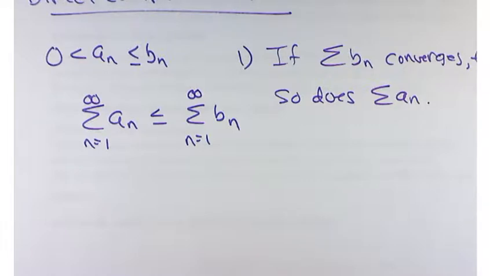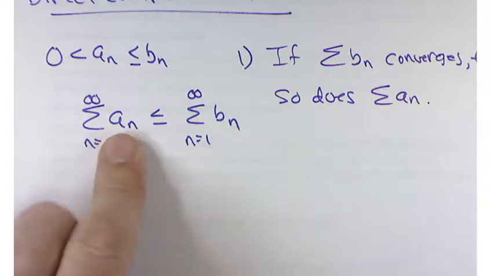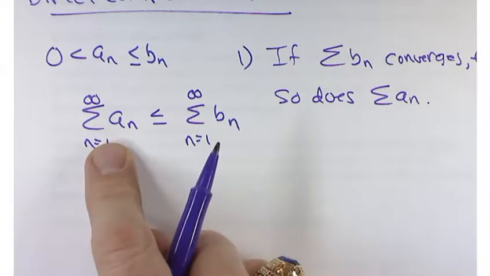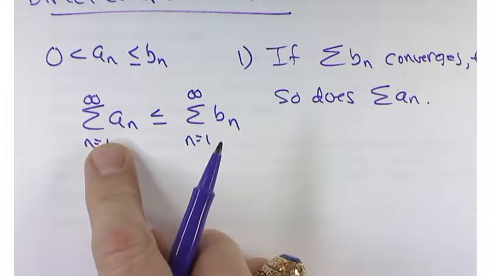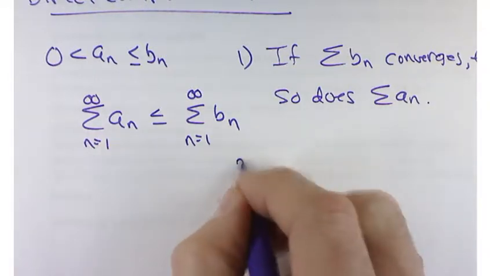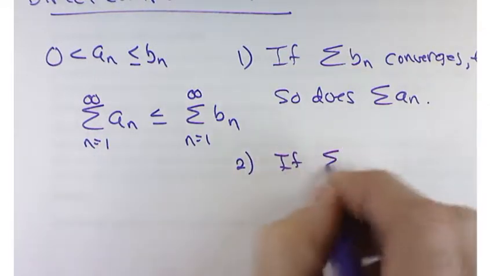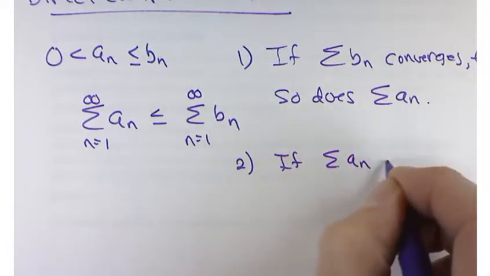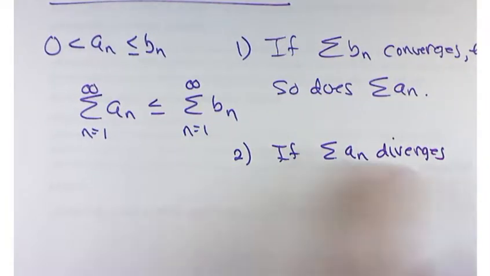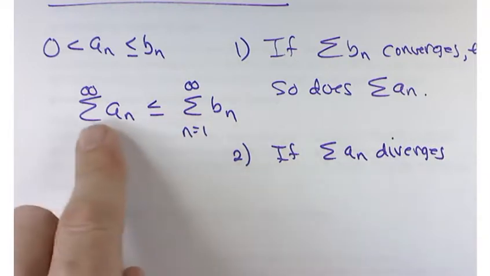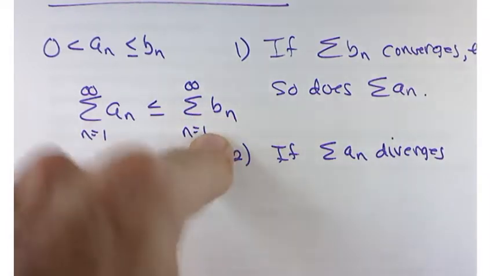So that's one possibility. Let's take a look at another possibility. What if a sub n diverges? That is, what if this sums up to some infinite total? So the second possibility is if this sum of a sub n diverges. Its sum is infinite. What does that say about b sub n? What has to be true? It diverges. If this is summing up to infinity and this is smaller than this, this also has to diverge.